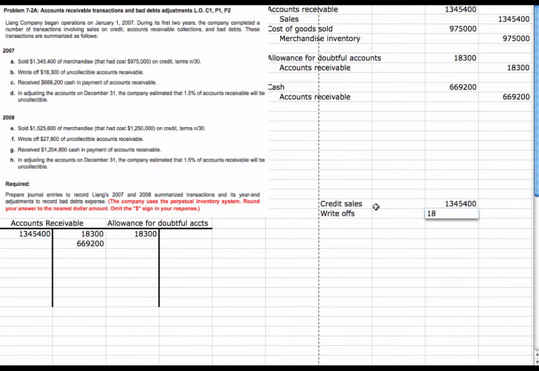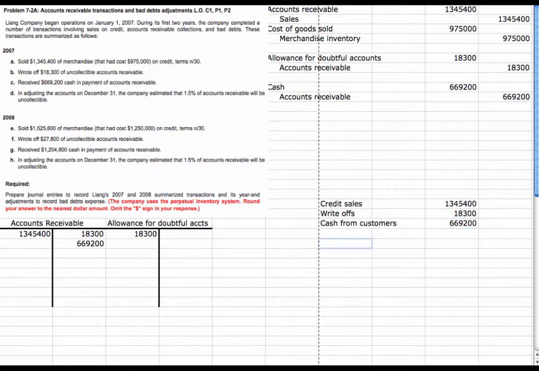Which were $18,300, which is my credit entry, plus my cash from your customers in payment of your accounts receivable of $669,200.